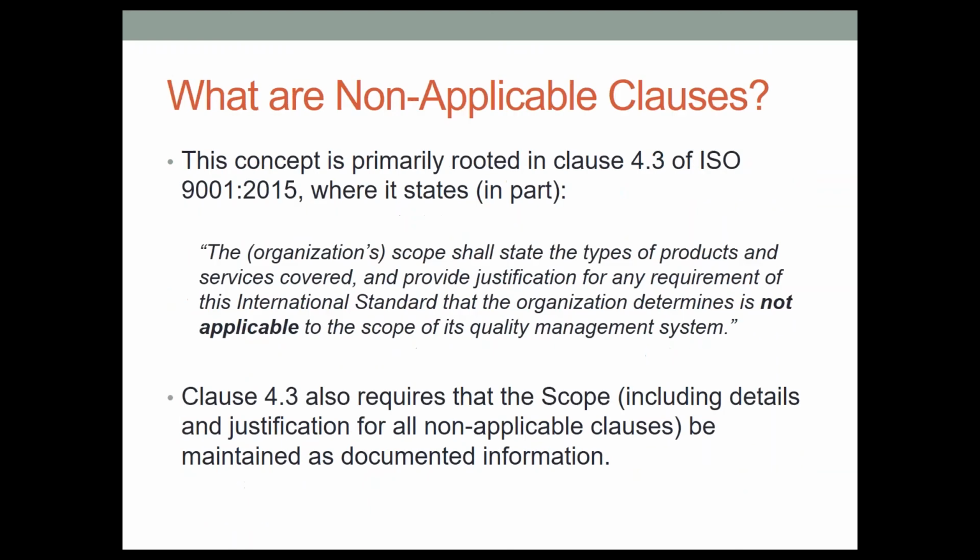Now, as to what are non-applicable clauses, this is a concept that is primarily rooted in clause 4.3 of ISO 9001:2015, where it states in part that the organization's scope shall state the types of products and services covered and provide justification for any requirement that is not applicable to the scope of the organization.